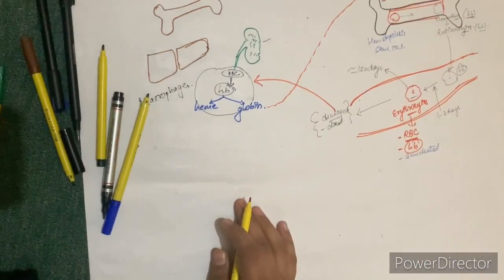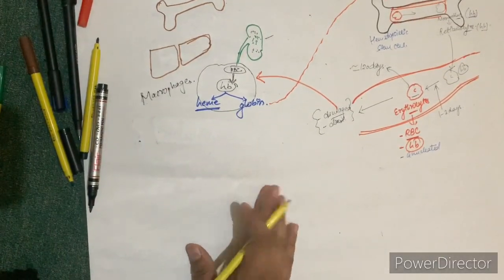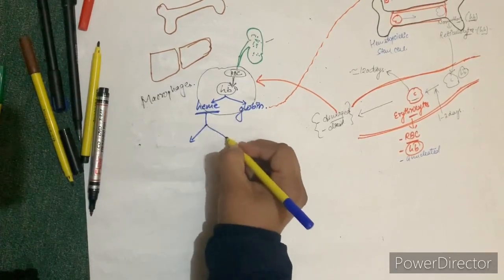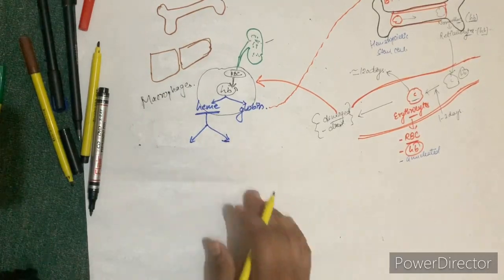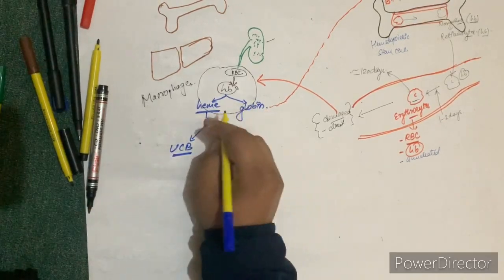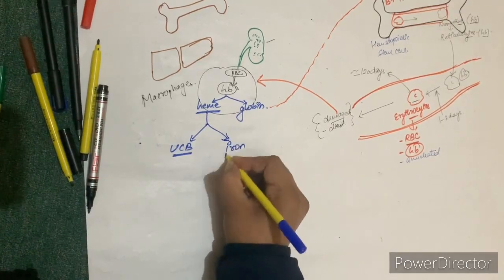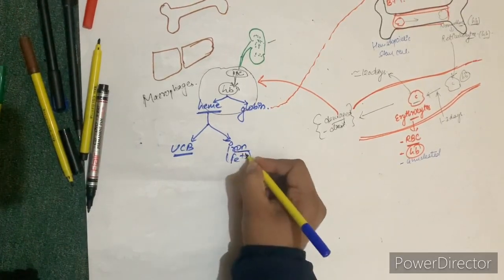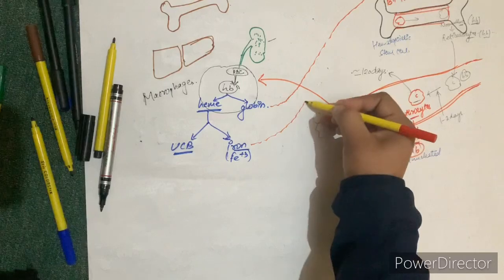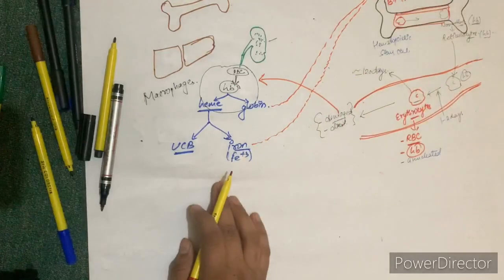Now the heme remains. Degradation of heme occurs, which releases unconjugated bilirubin and iron, Fe+3. This iron is again reused in the erythropoiesis process.